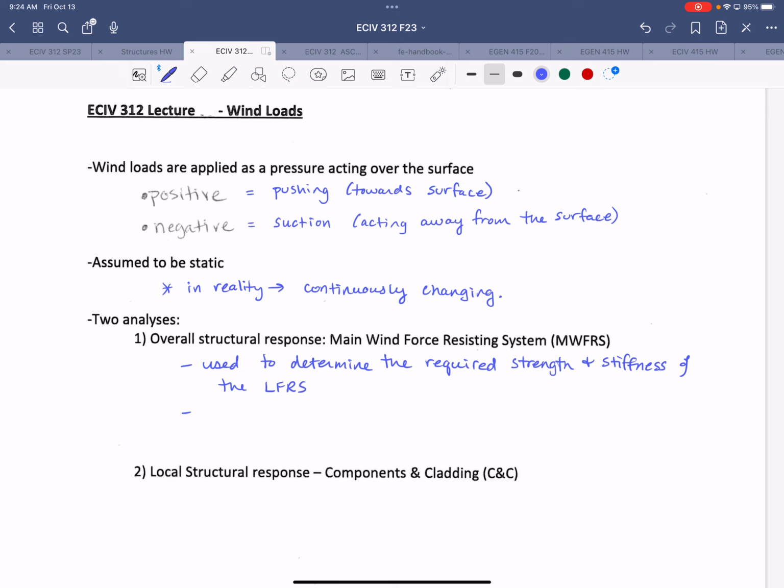In this analysis, we have to consider both positive and negative pressures. And we also need to consider multiple wind directions.